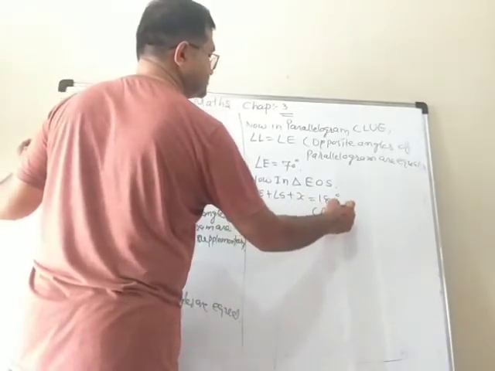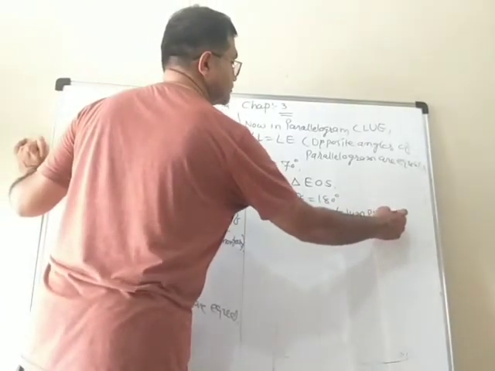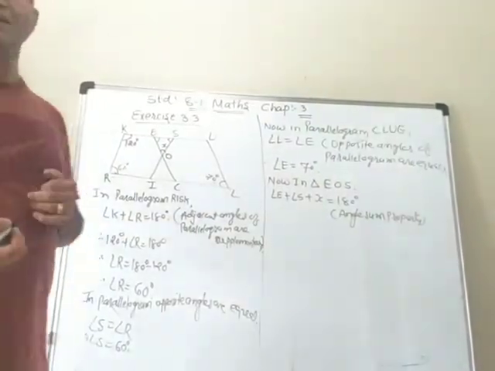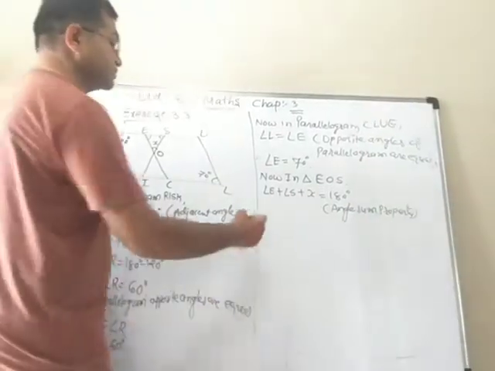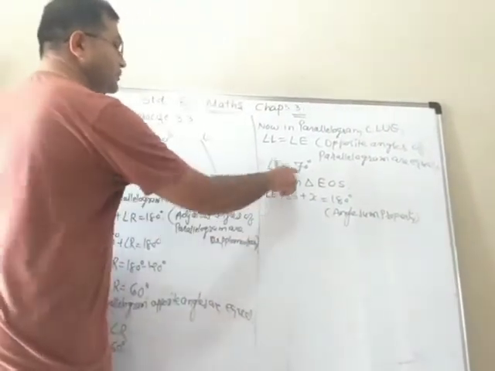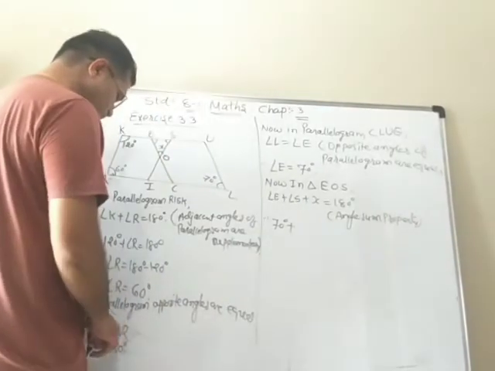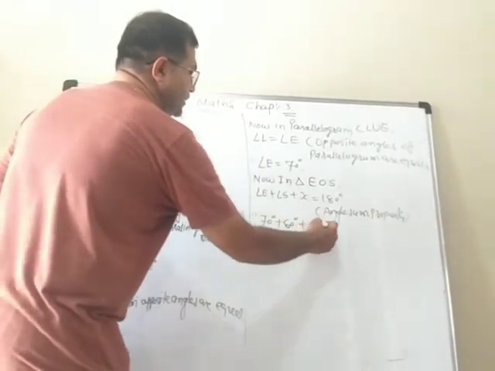We know the angle sum property for a triangle. We know that the sum of the three angles of a triangle is equal to 180 degree. So now we have the value of E as 70 degree. S also we already found out here, 60 degree, plus X.